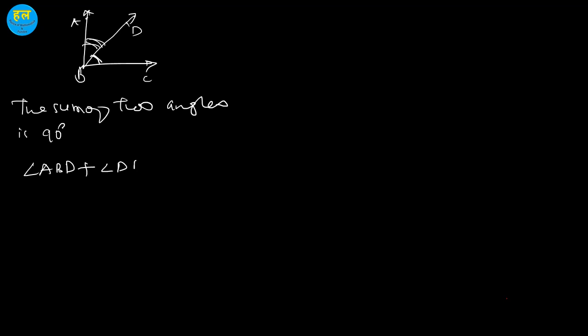When the sum of two angles is 90 degree, that means when angle ABD plus angle DBC is equal to 90 degree, then these angles are called complementary angles.